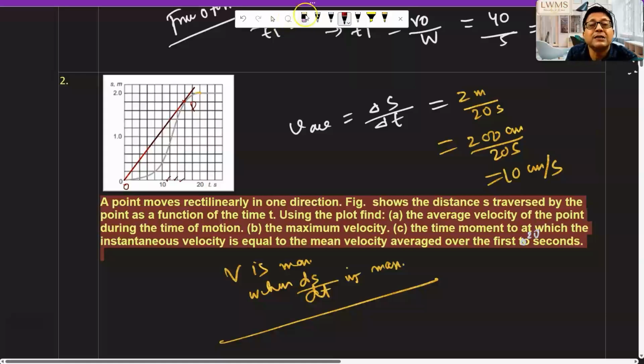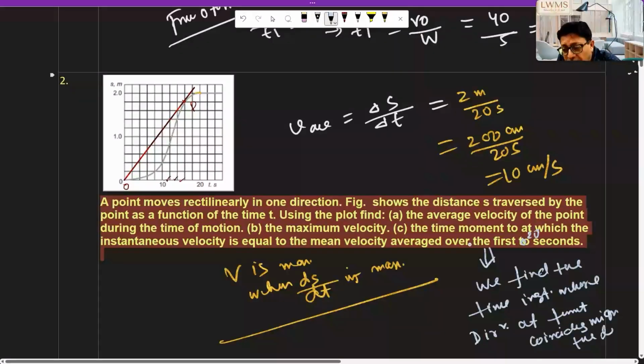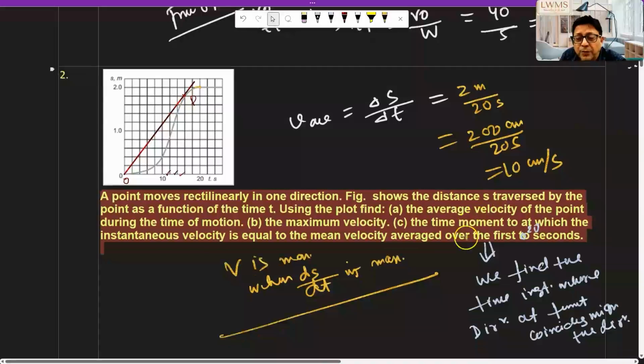So for the second part, if you are answering a descriptive question, you have to say that we find the time instant where the direction of the tangent coincides with the direction of what?